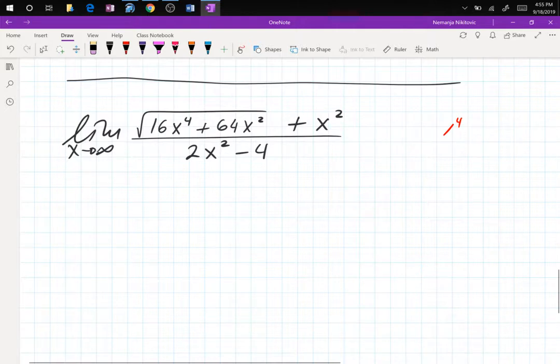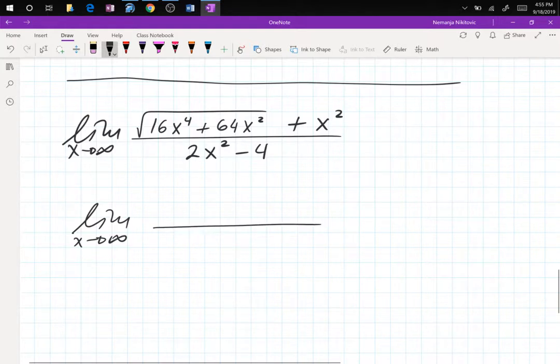Okay, so now that we know that, we can divide everywhere by x squared. Now, we are going to say limit, I have to space this out. We're going to have our square root of 16x to the fourth plus 64x squared divided by x squared.